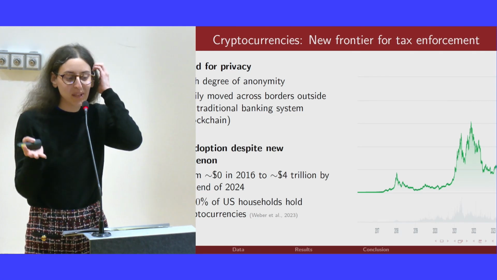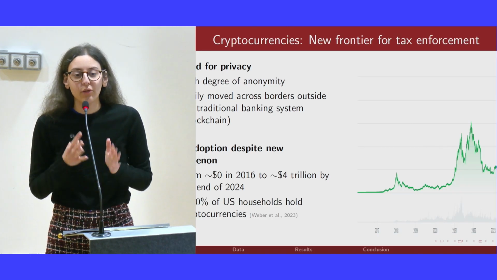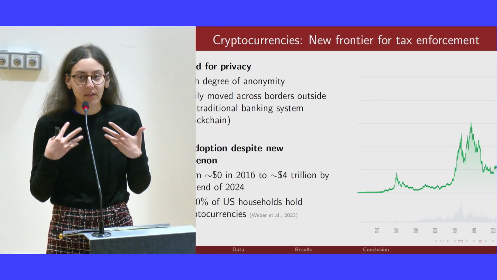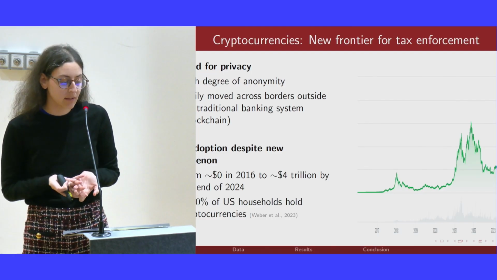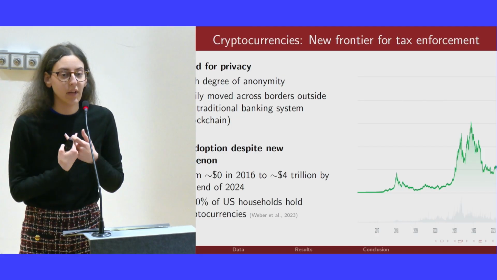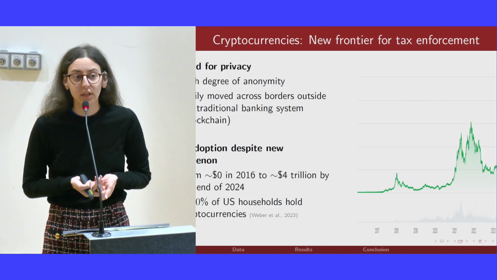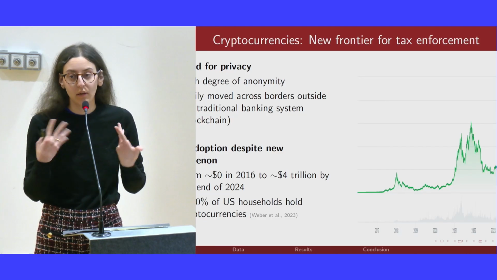As you now already know, why are we interested in crypto? First of all, because it has a secrecy component with respect to other types of assets. So it is still highly secretive. The second important thing about it is that its adoption has been growing largely.